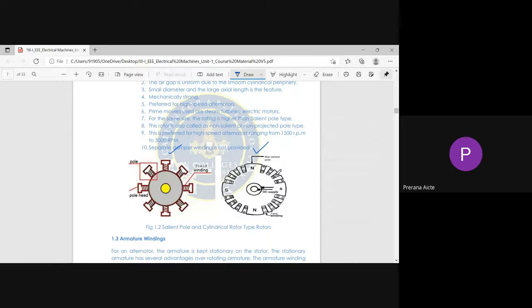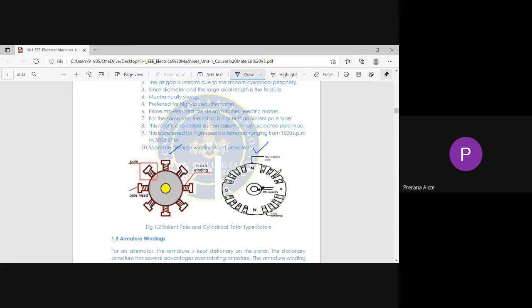In a synchronous generator, the field winding is placed on the rotor and the armature winding is placed on the stator. Why? Because we generate more electrical energy, and more conductors are required to generate more electrical energy. So it is not possible to drive the rotor at higher speeds to obtain maximum generated voltage.